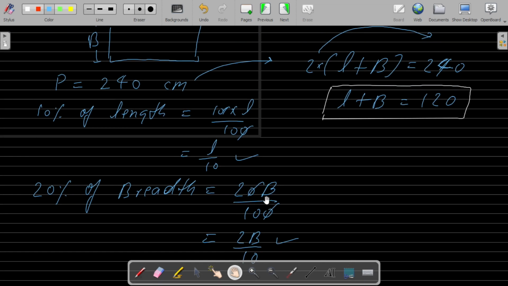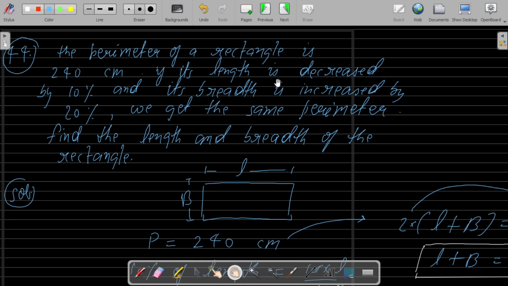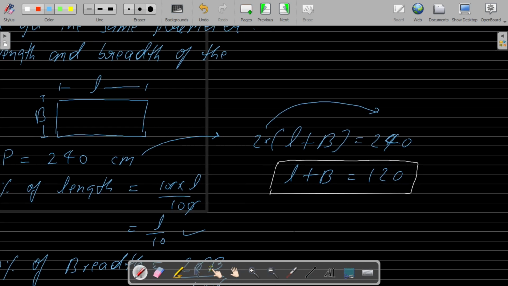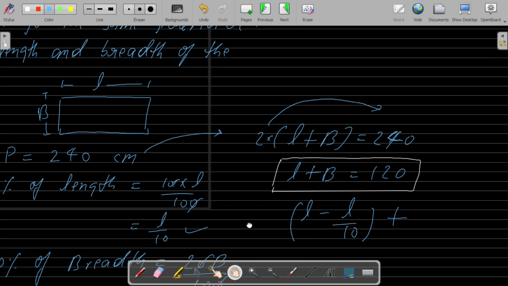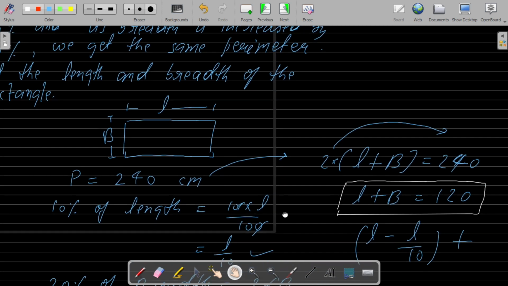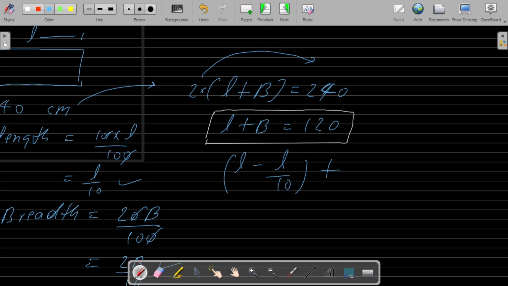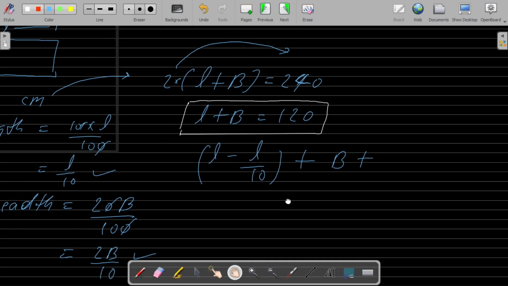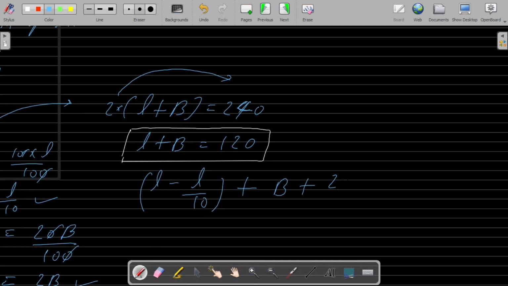Now the second thing is the condition that its length is decreased by 10%. So L is decreased by L by 10, and breadth is increased by 20%, so we will add B plus 20% of breadth, which is 2B upon 10.